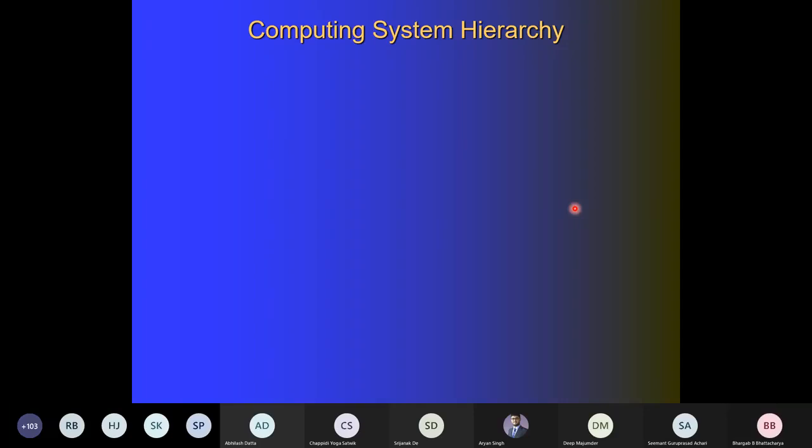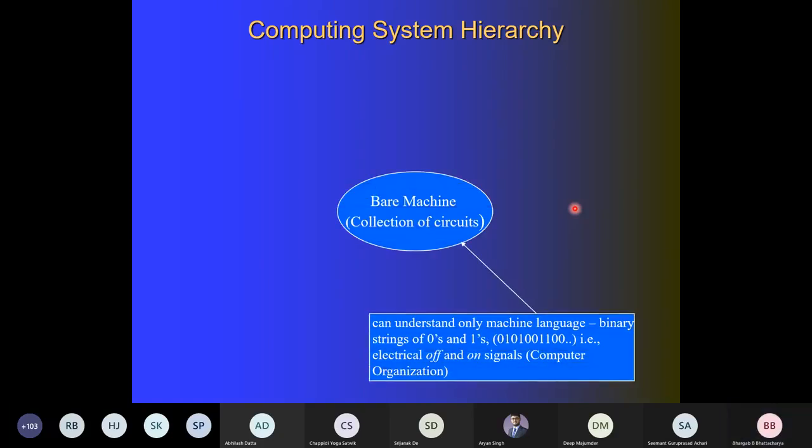Okay. So before I finish today, I will just touch upon some basic concepts. One is called the system hierarchy. At the core of everything, you have a basic machine, which comprises some kind of electrical logic circuits.